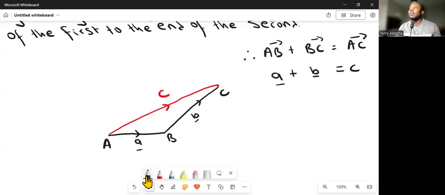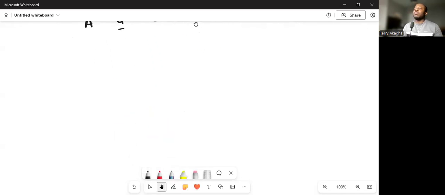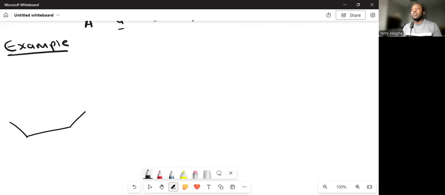Now let's pick some examples and solve. For example, we have this diagram. We have something that looks like this, with points A, B, C, D, and E. They are both going in the same direction here.